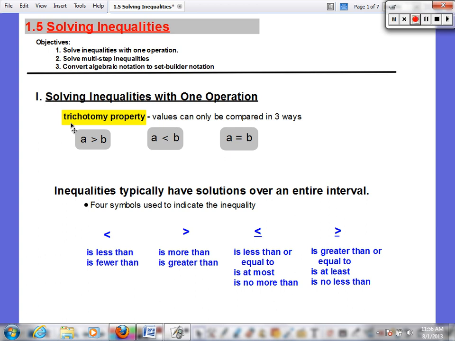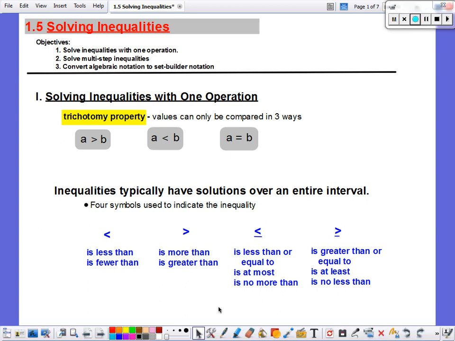Either A is greater than B, say A is 5 and B is 0. Or A is less than B, so if A is 5, maybe B is 10, and 5 would be less than 10. Or they could be equal to each other, 5 equals 5. Those are the only three categories numbers fall into. It's a pretty basic property, actually. It's pretty cool that a property like that we take for granted.